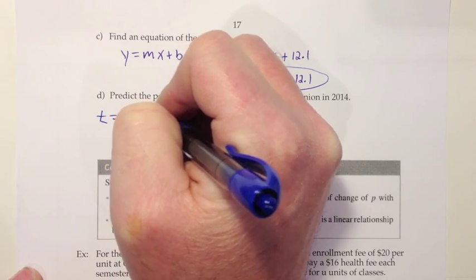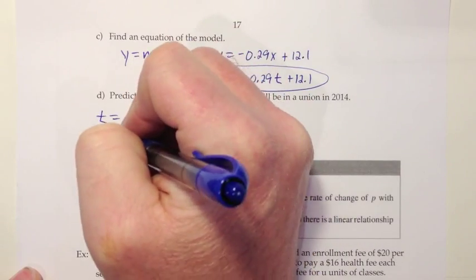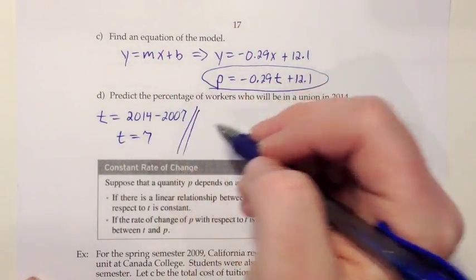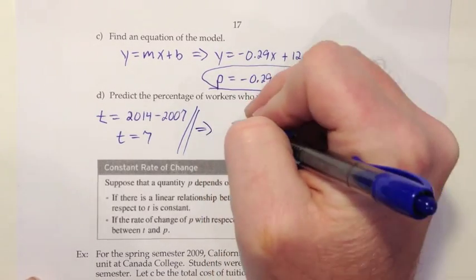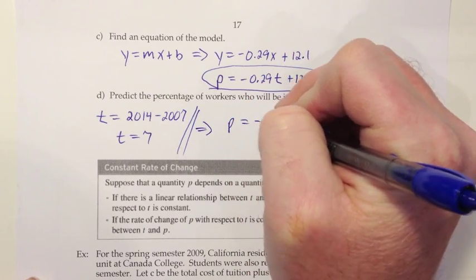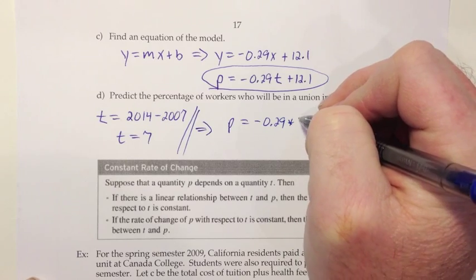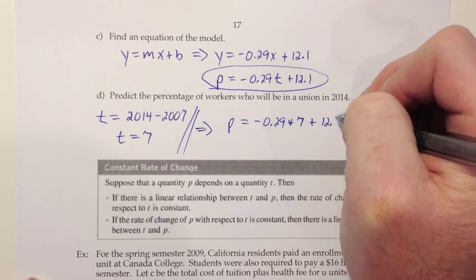So I would just take 2014, I would subtract away the 2007, and I get t equals 7 for that. So now to make my prediction, I just want to plug that into the equation. So if I do that, I get p equals negative 0.29 times our input variable, which we just figured out was 7, and then add that 12.1.